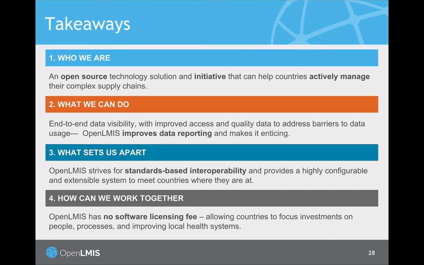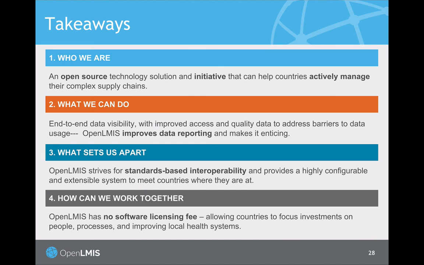What sets us apart? If I had to choose 3 phrases to describe OpenLMIS, they would be standards-based, interoperable, and configurable. These 3 elements of OpenLMIS set the software and community apart, supporting supply chains in their evolution and maturity and linking them to a global supported code base.